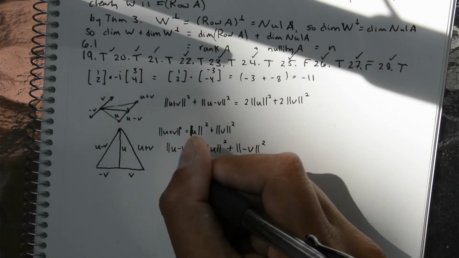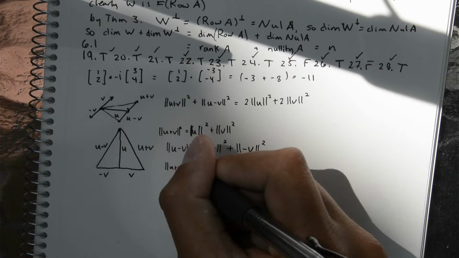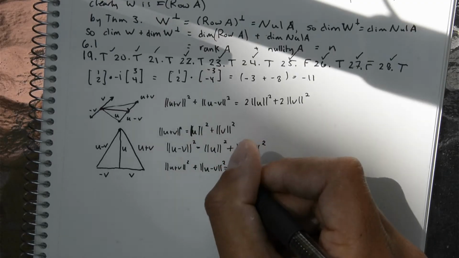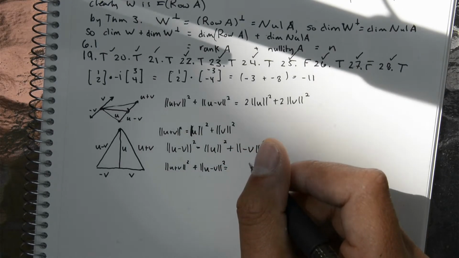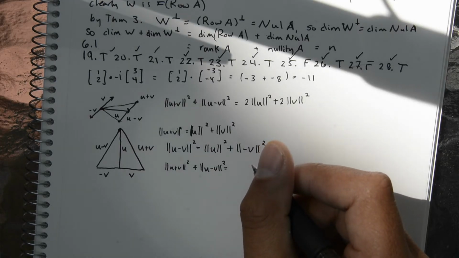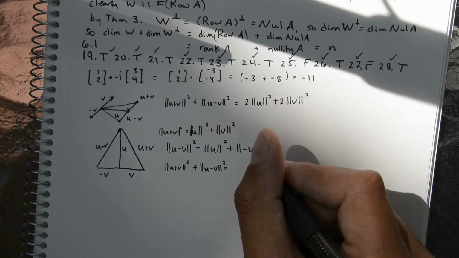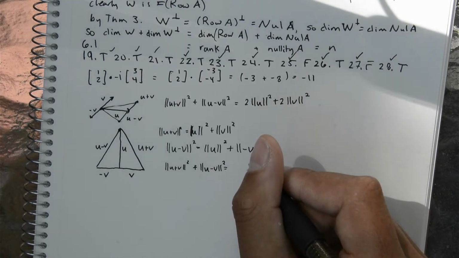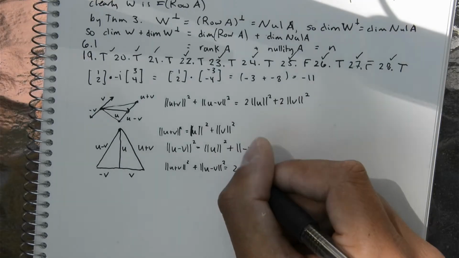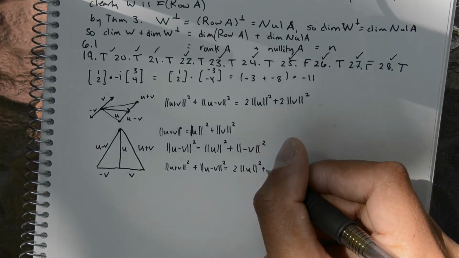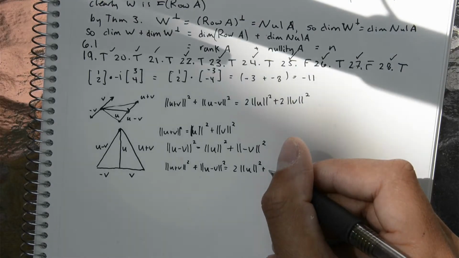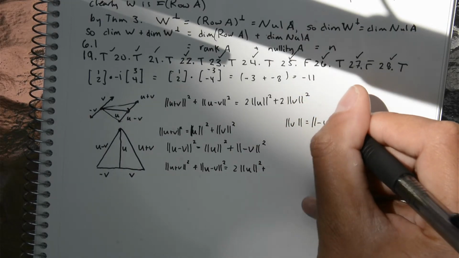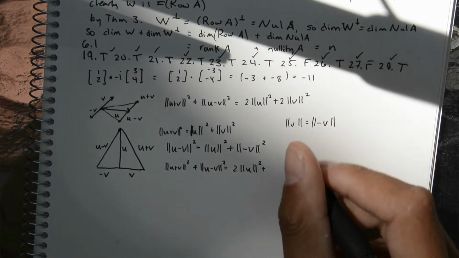But so then we would get, if we sum these up, U plus V squared plus U minus V squared is equal to... But surely the norm of V is equal to the norm of minus V. So then we get 2.